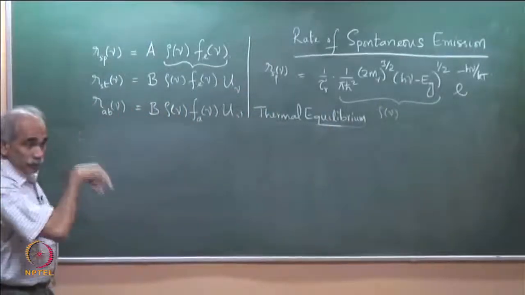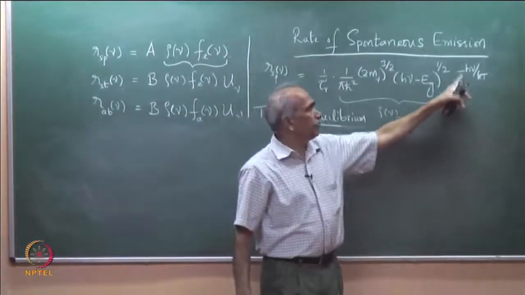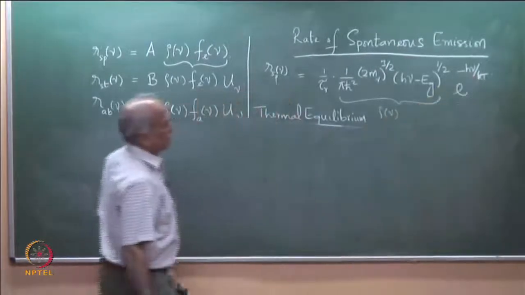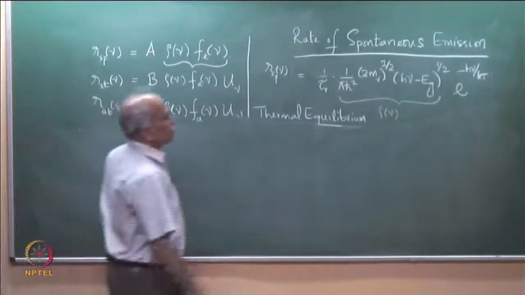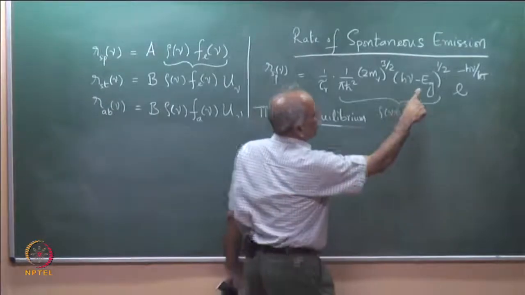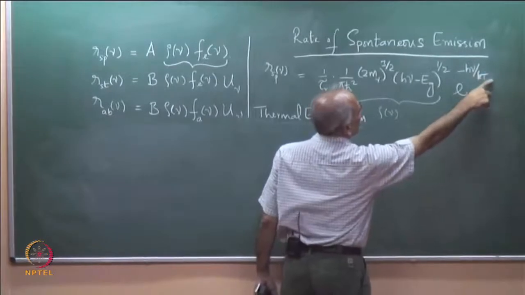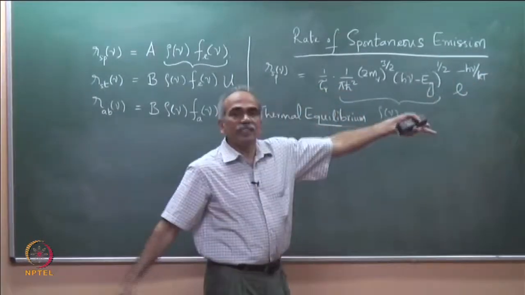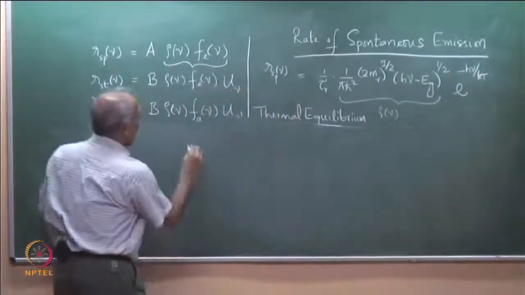Fe of nu is replaced by e to the power minus h nu by kT. We want to simplify this to a form. If you multiply this expression by e to the power Eg by kT and e to the power minus Eg by kT.